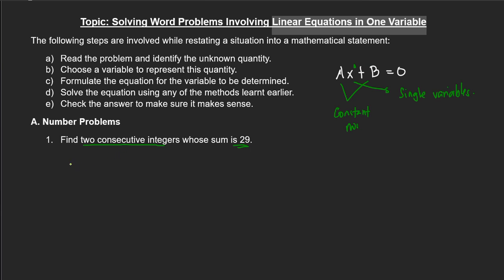So basically, the first thing to do is we have to assign what are the unknown quantities. So let's say x be the first number, and since it is two consecutive integers, meaning nagsunod-sunod, from the first number plus the second number.